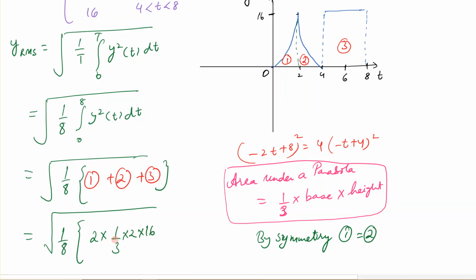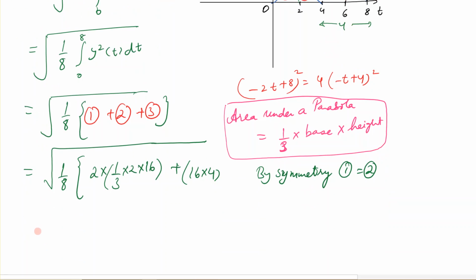That is our area of parabola. And then plus area number 3, which is area of rectangle, so that would be 16 times 4, because the base is 4 and the height of the rectangle is 16. When we solve this, overall we get that RMS value is approximately 3.266.